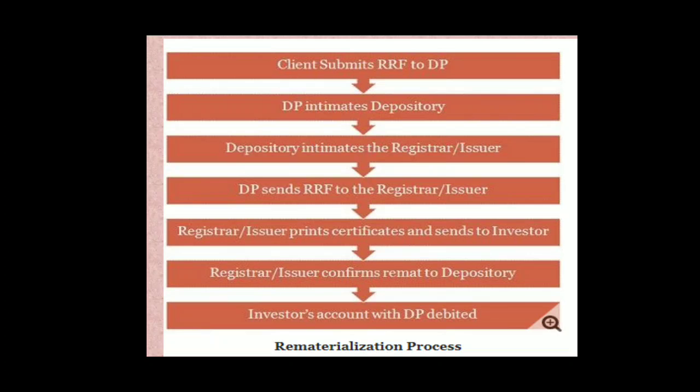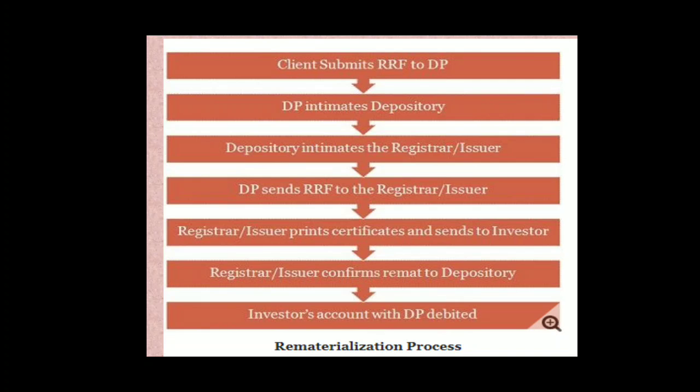Then the depository participant will forward the same request to the depository, because if you remember the steps of dematerialization, the depository is the one who converts your physical mode of ownership into electronic mode. So again, only it has the authority to convert it back into physical mode.